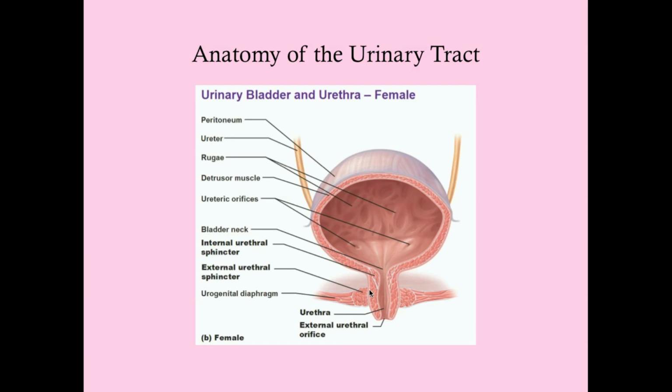So when you urinate, you are relaxing the external urethral sphincter. The urogenital sphincter is composed of 3 different components. The sphincter urethrae, which wraps circumferentially around the urethra, and then the urethrovaginal sphincter in women, and compressor urethrae.